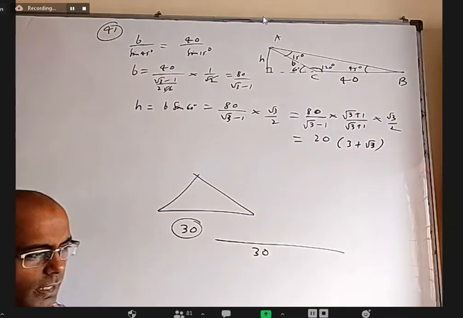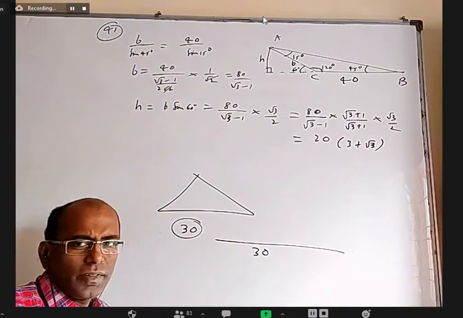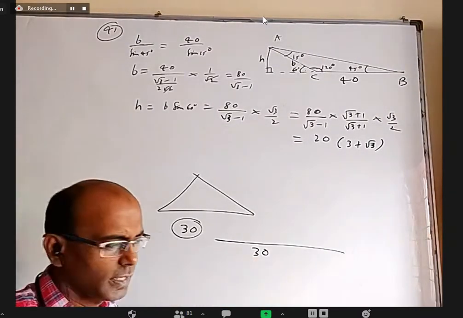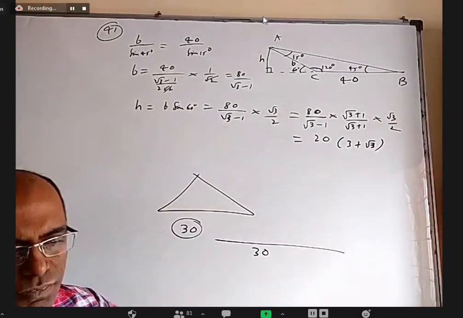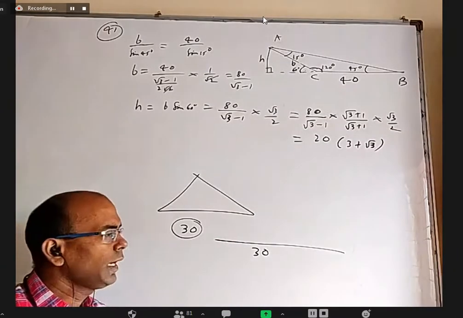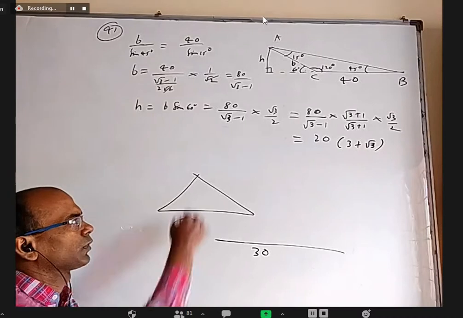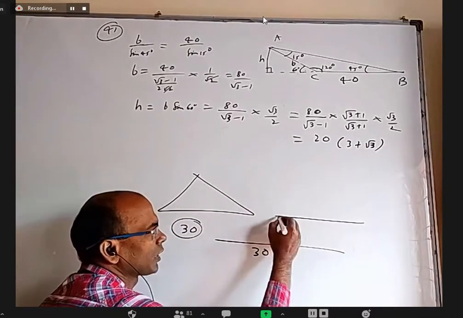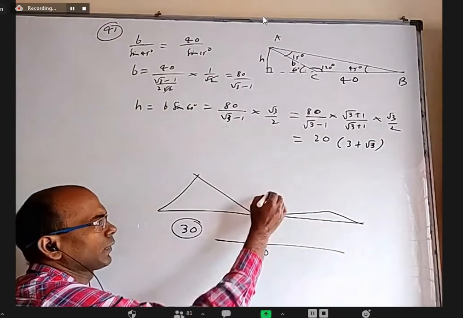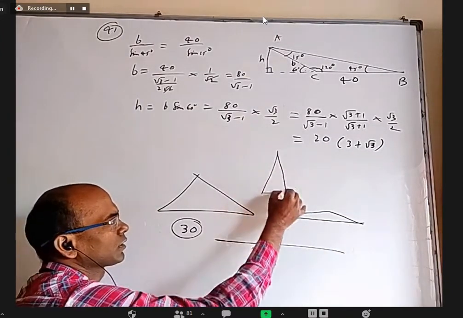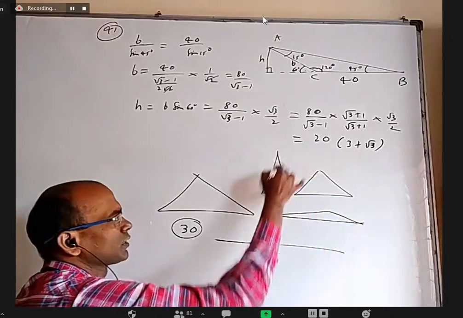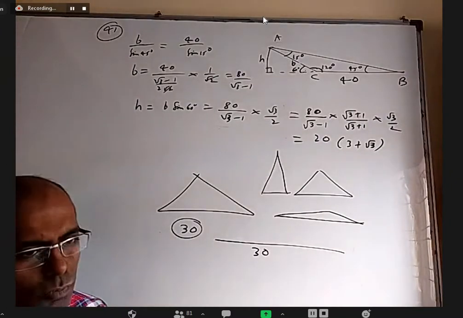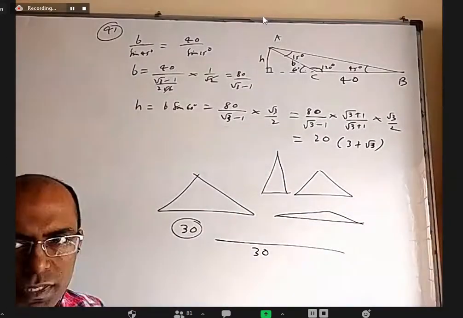For example, they can say somebody has a fence, an iron sheet or iron gate kind of thing of length 30 feet, and they can use that to fence an area, but it should be triangle shaped. They can take a long one like this, a thin and long one like this; this is also 30 feet, this is also 30 feet, this is also 30 feet. Obviously they want to maximize the area which they are fencing.